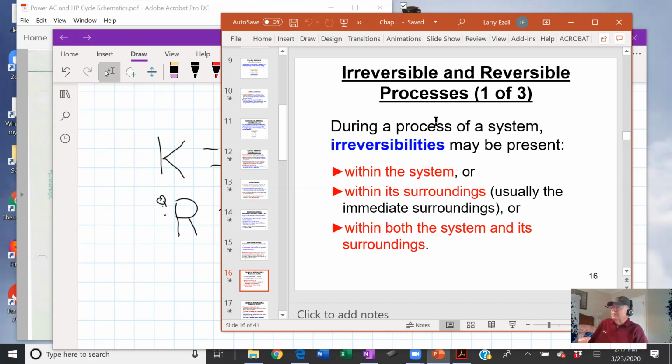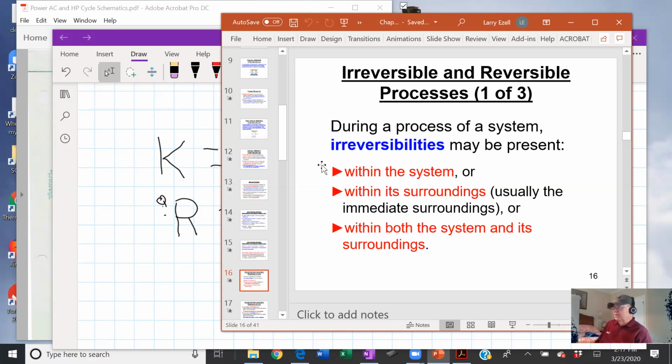All right, irreversible and reversible. The reversible process is a theoretical process that can never be achieved. It's very useful for us to analyze. An irreversible process is a real world process.